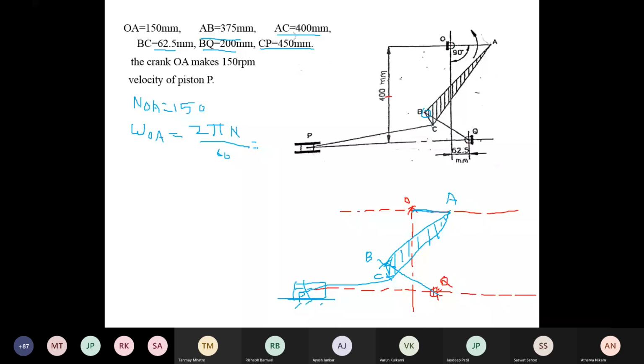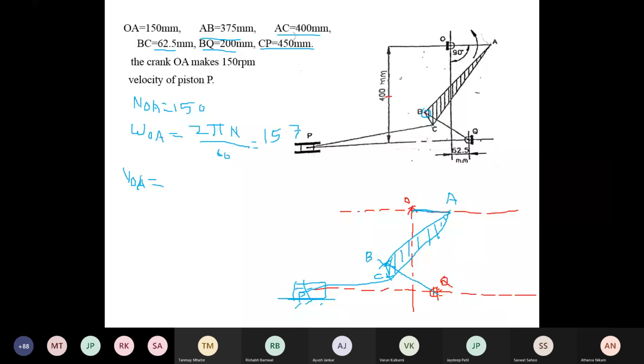I have to find out velocity OA. Omega OA 15.7. कितना है? 15.7. 15.70 radian per second. Correct.